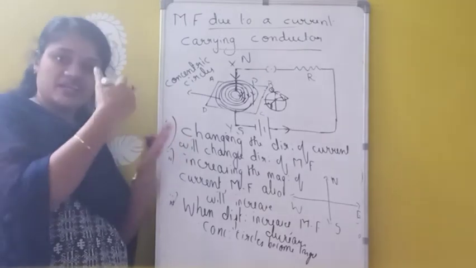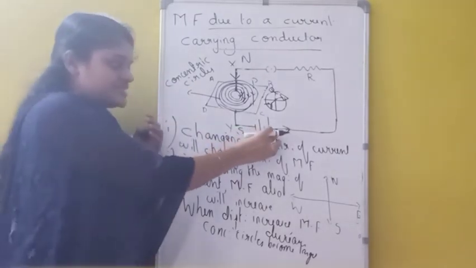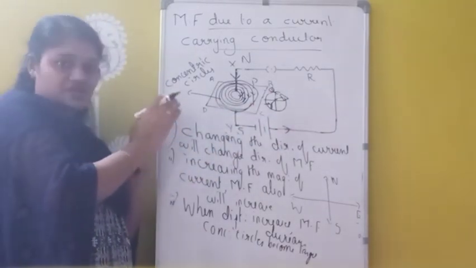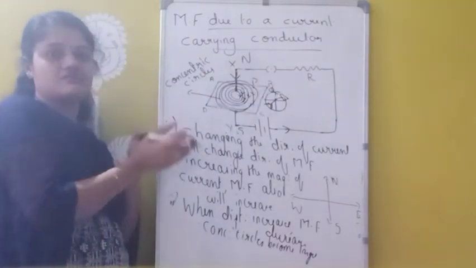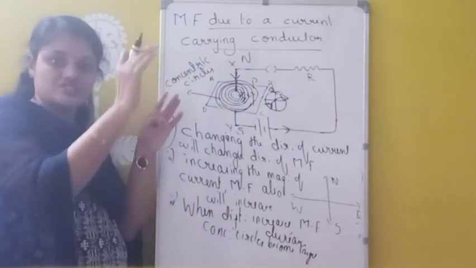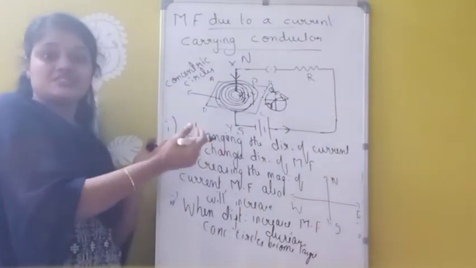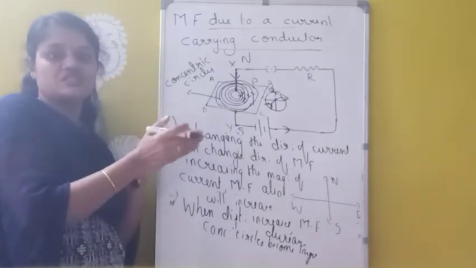So how can you increase the strength of the magnetic field? By increasing the amount of current. But whenever distance is increasing, the magnetic field strength decreases, and these concentric circles become larger at large distances. That shows that strength is less.